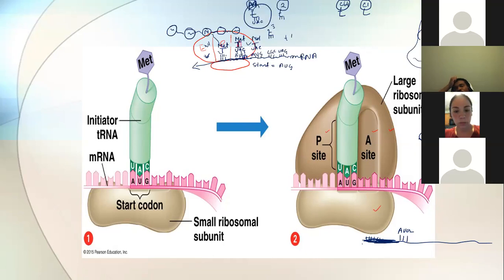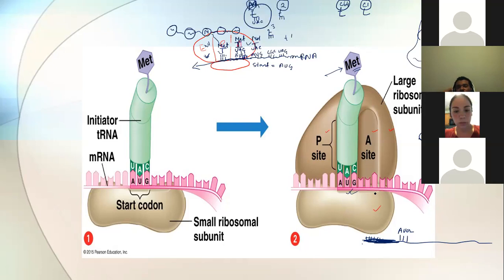For the start codon, the tRNA is always going to carry methionine, so that's our first amino acid. Protein synthesis always starts with methionine, because methionine represents the start codon.